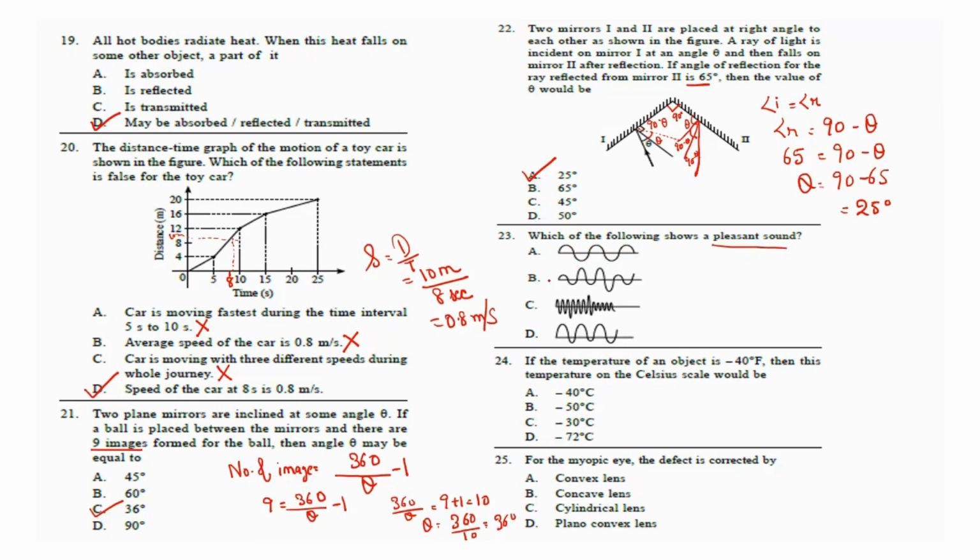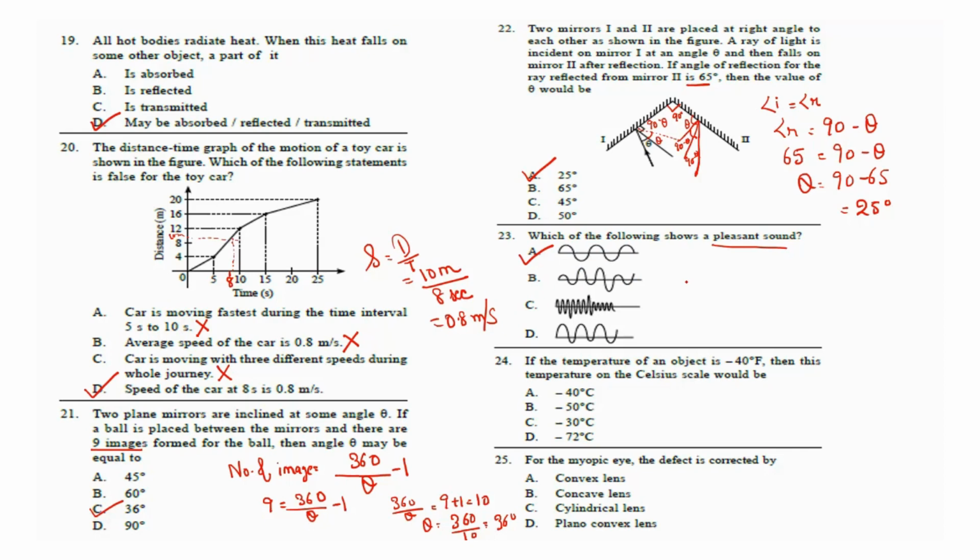Not in B, the vibrations are not similar in C also and in D also. So, A is our correct answer, which shows the vibration of a pleasant sound, right?